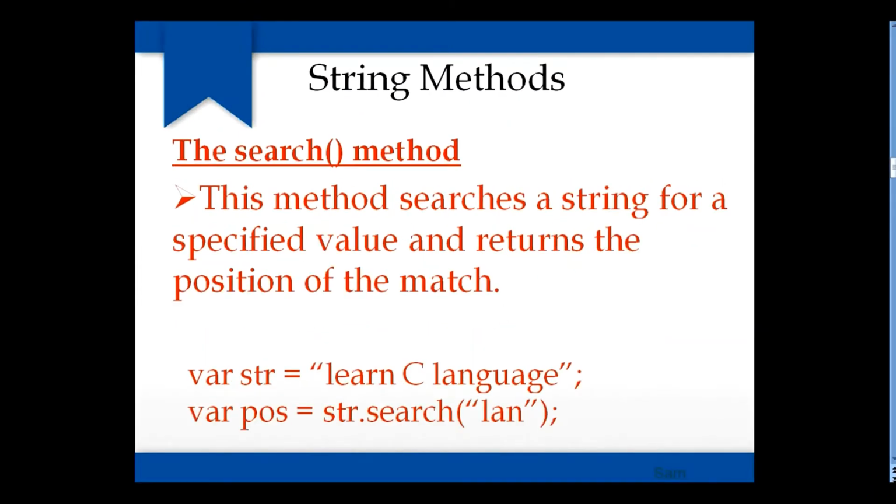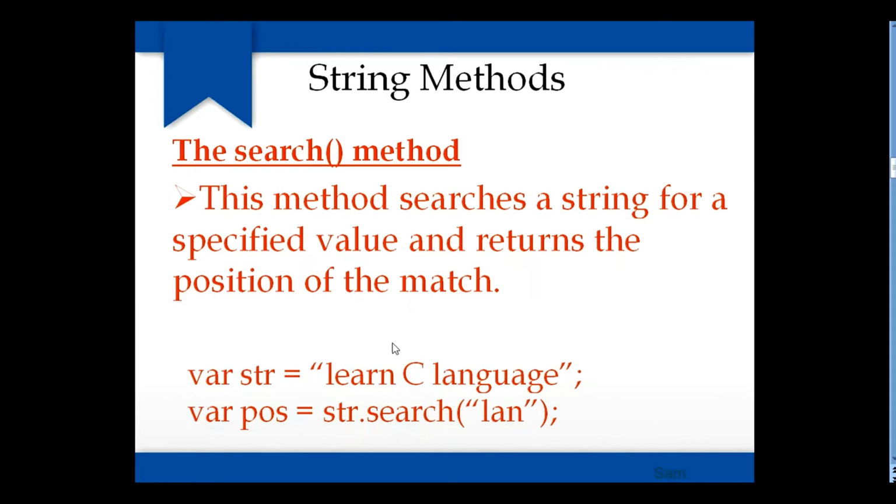Now we see some methods. First one is the search method. As the name implies, it is used to search for a particular substring, whether it is there in the string or not. And it returns the position of the match.